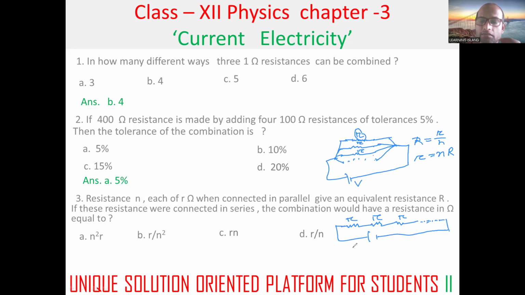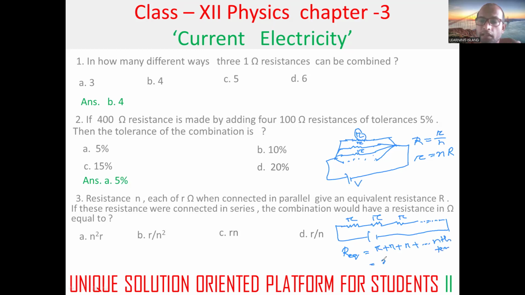So in series, we add up all the resistances connected to get the equivalent resistance. So here equivalent resistance would be r plus r plus r plus dot up to nth term.